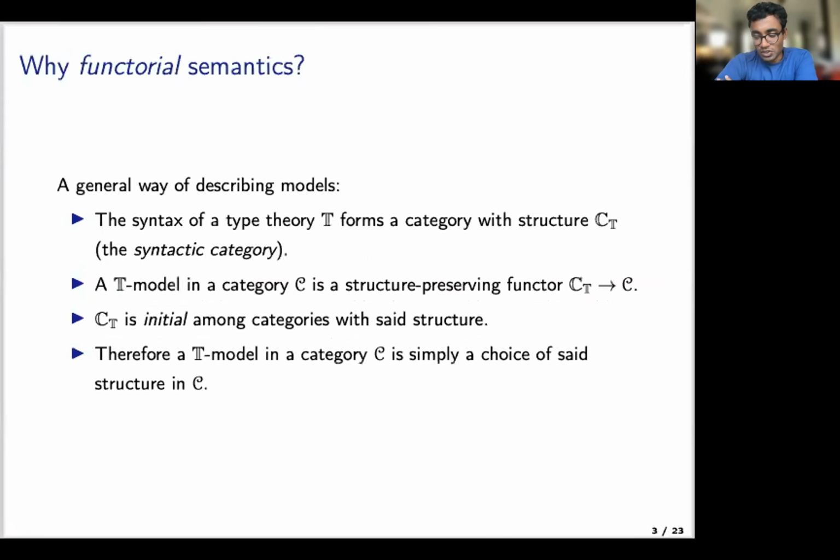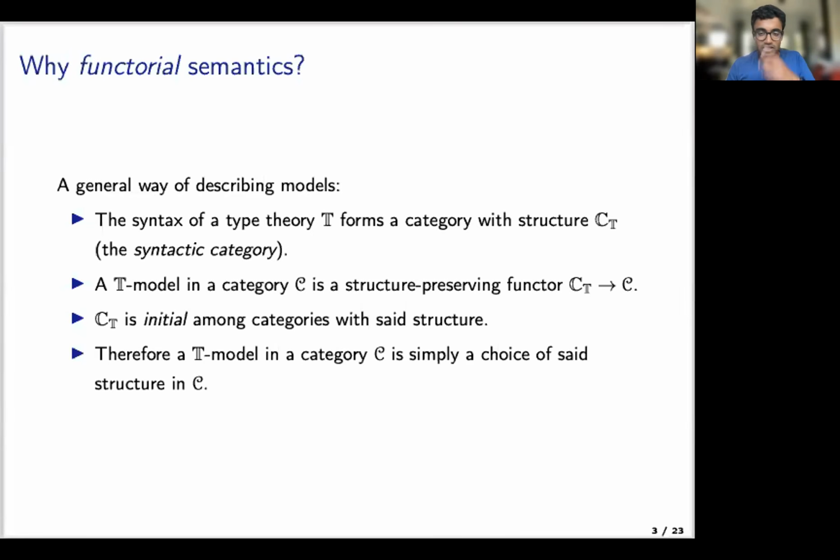Okay, so the kind of semantics I'm going to talk about is describing models of type theory and of HoTT as functors. So it's called functorial semantics, and this is something that was introduced just about the midpoint of the 20th century by Lawvere and other people, Bénabou, which essentially follows the same procedure irrespective of the kind of theory that we're talking about.